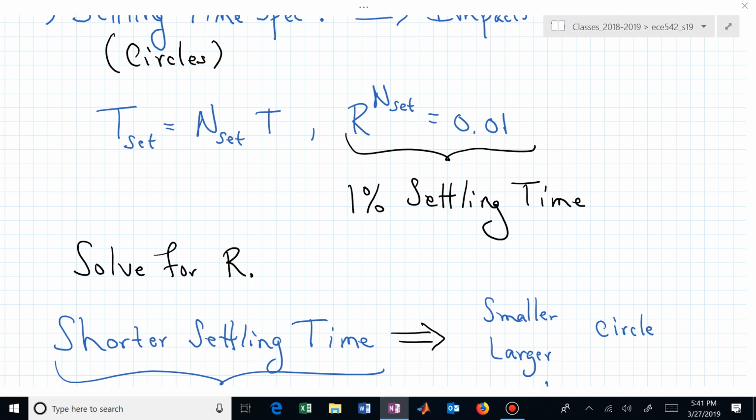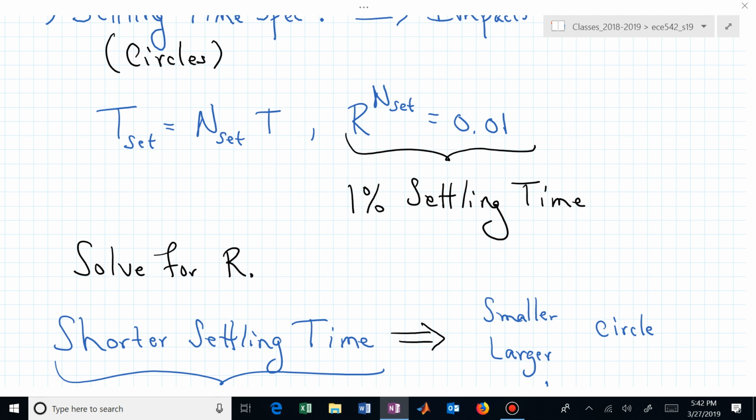And you can solve R to the N equal 0.01 for R to obtain the radius that you need, given a particular settling time quantity, either absolute time, which is T sub settle, or the number of sample periods to settle, which is capital N sub settle.